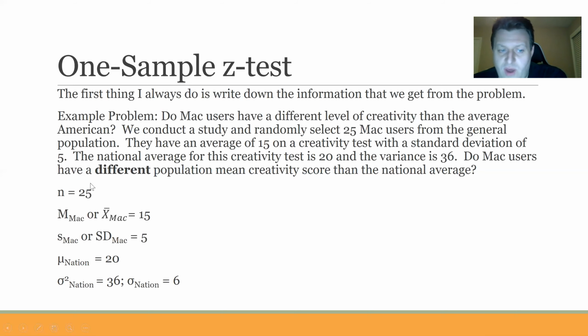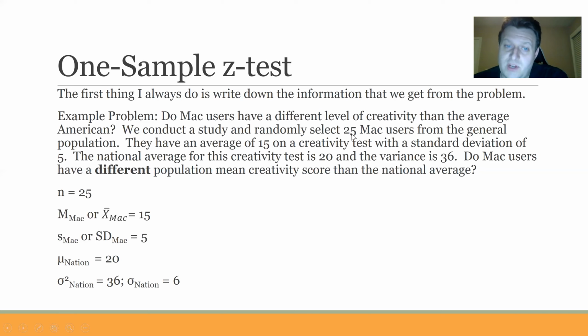Okay, so I've written out all of the numeric information, and this is going to be very helpful for me when I'm doing this problem. One last bit, do Mac users have a different population mean creativity test score than the national average? When I'm looking at a word like different, it lets me know whether or not I have a directional hypothesis.